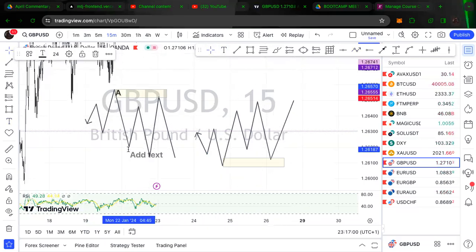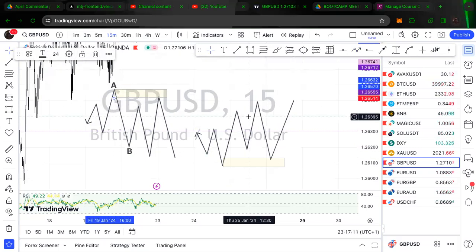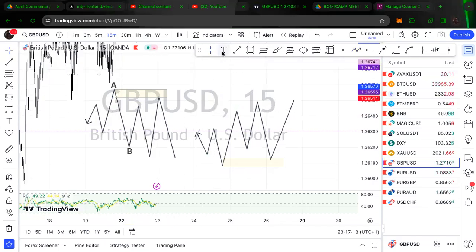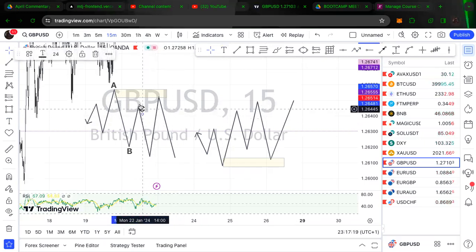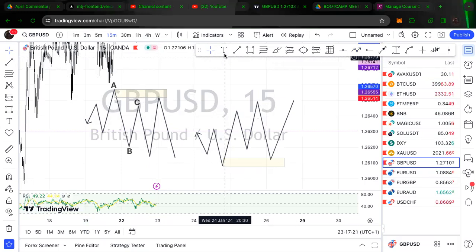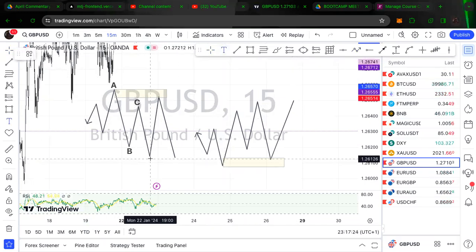The sweep and the break, which is B. And then we have the pullback, which is our C. And then we have a break of structure that the pullback causes, which is our D.